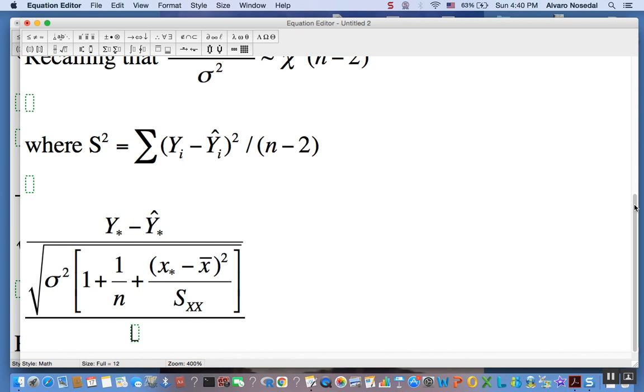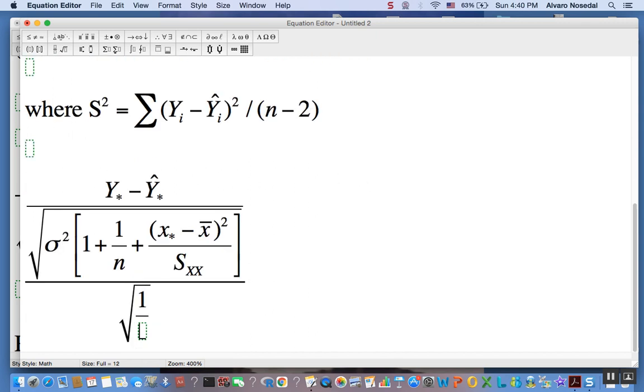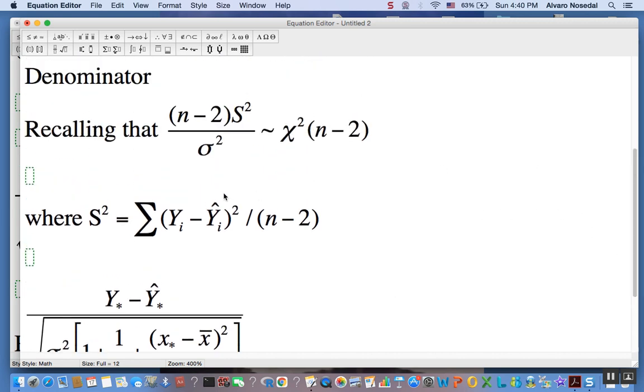We need the square root, remember. We have to divide by the degrees of freedom of our chi-square, and our chi-square is this.